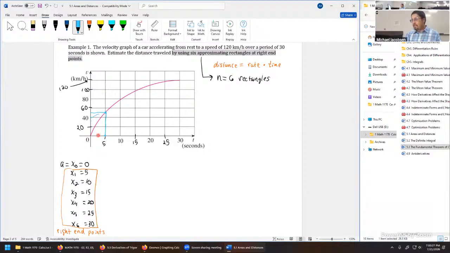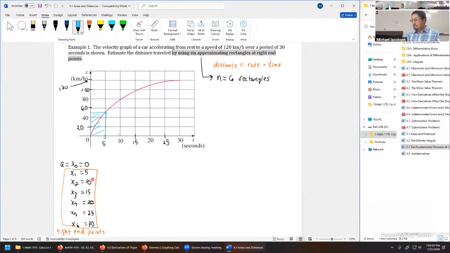So we have a rate, 50 kilometers per hour, and a time, 5 seconds. We'll multiply it, and that will give us an approximated distance in the first 5 seconds. It's an overestimate, but it's not as severe as the very first rectangle we put down, estimating at 120 kilometers per hour.